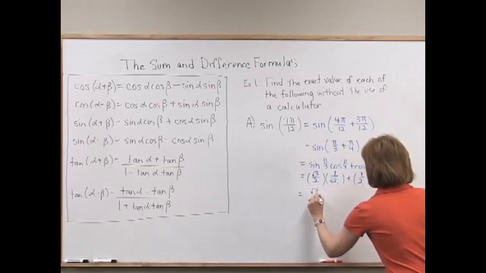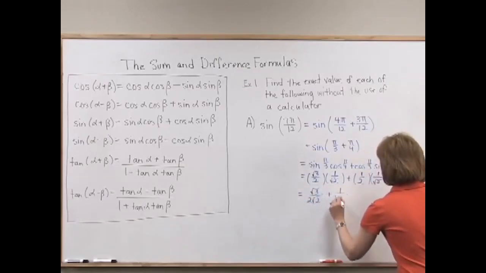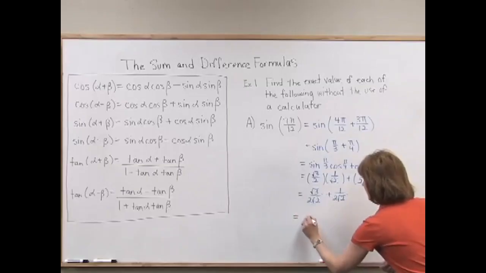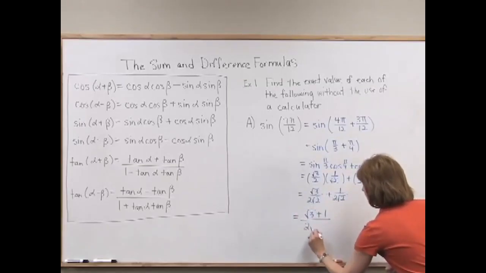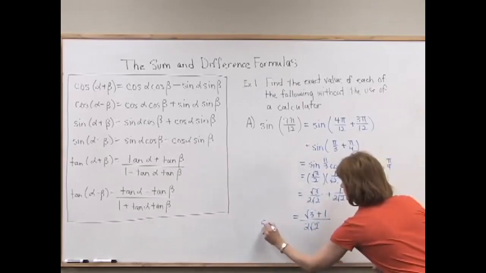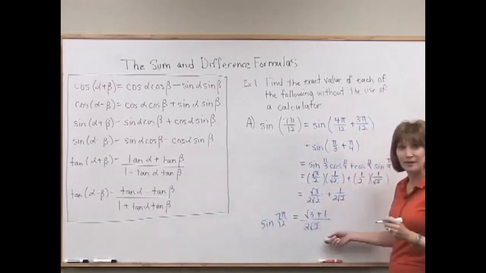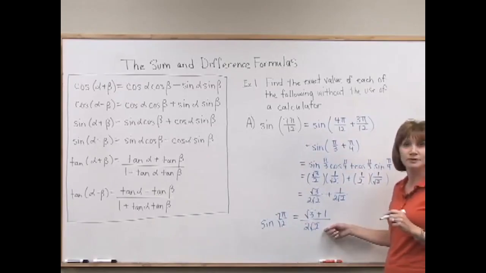We get the square root of 3 over 2 square roots of 2 plus 1 over 2 square roots of 2. Since we have a common denominator, we can add and get the square root of 3 plus 1 over 2 square roots of 2. So the exact value of the sine of 7 pi over 12 is square root of 3 plus 1 over 2 square roots of 2. Let's take a look at another example.